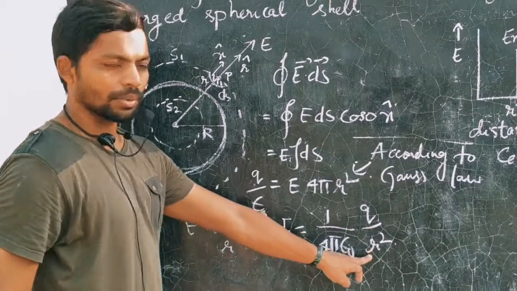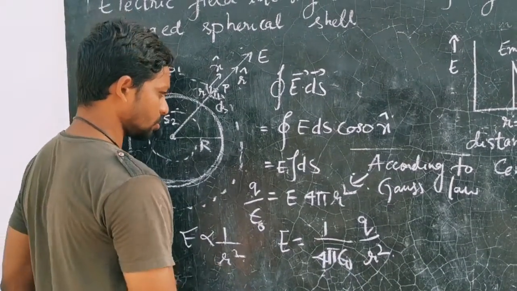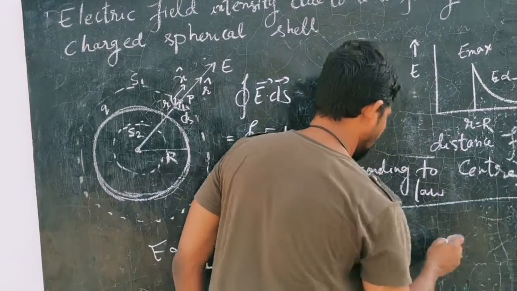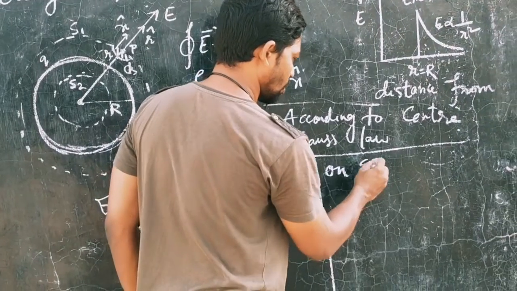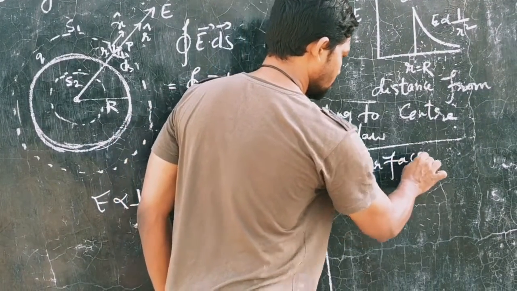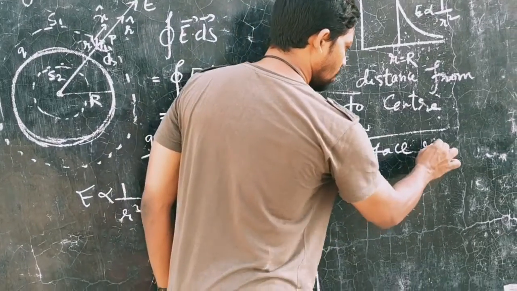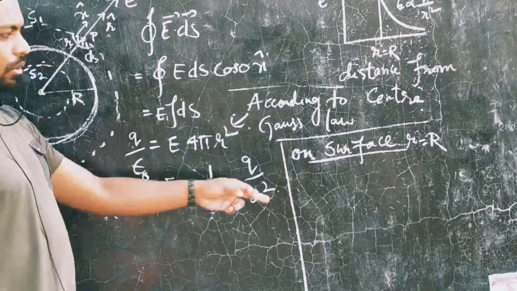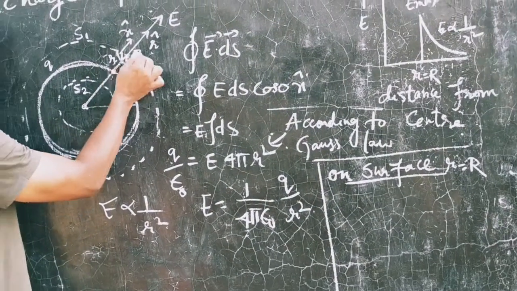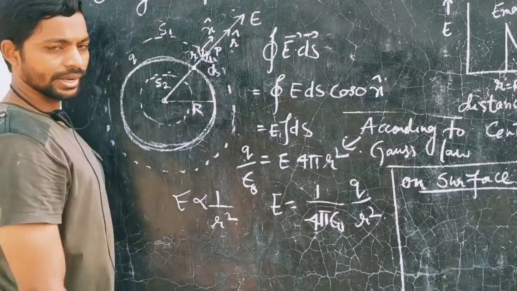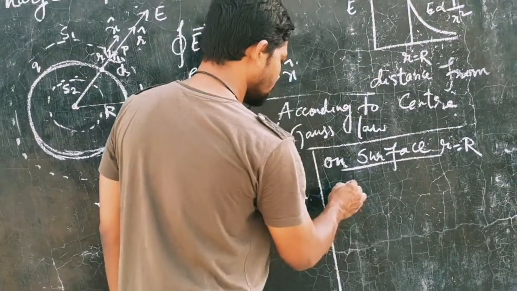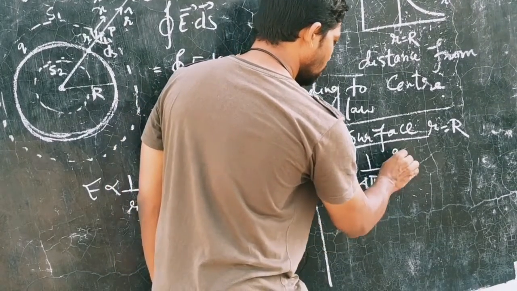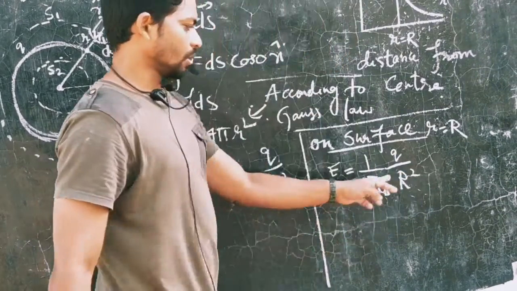In that case, the small r becomes capital R. Friends, if we consider this point P here on the surface, then E is equal to 1 by 4 pi epsilon naught q by R square.